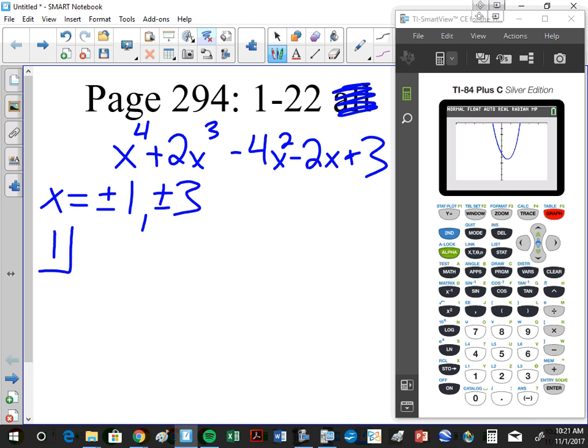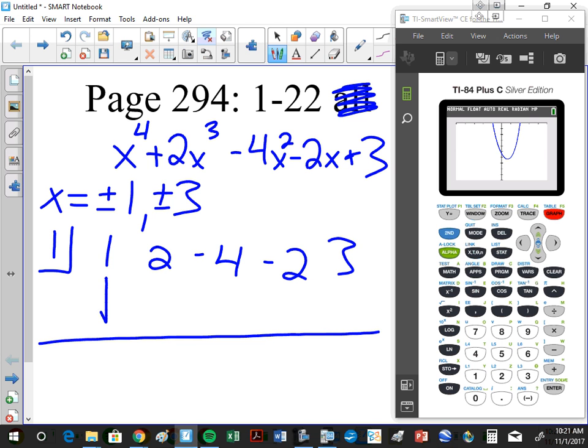So you just have to change the signs as you go through. So 1, 2, negative 4, negative 2, and 3. Sorry I messed that up. That was really brilliant of me. So 1. Wait, I know it works. Why am I plugging it in? I need a simplified equation. So 1, 3, negative 1, negative 3, and 0.